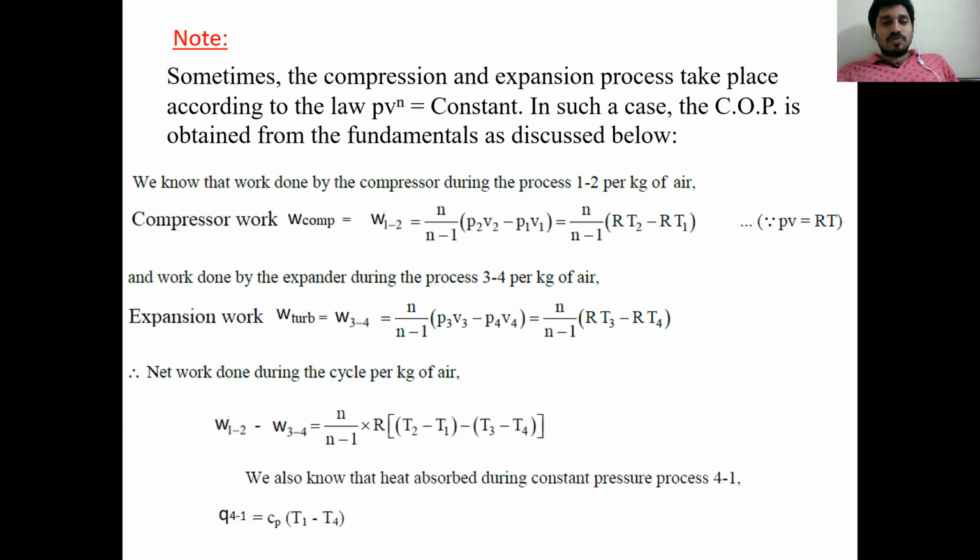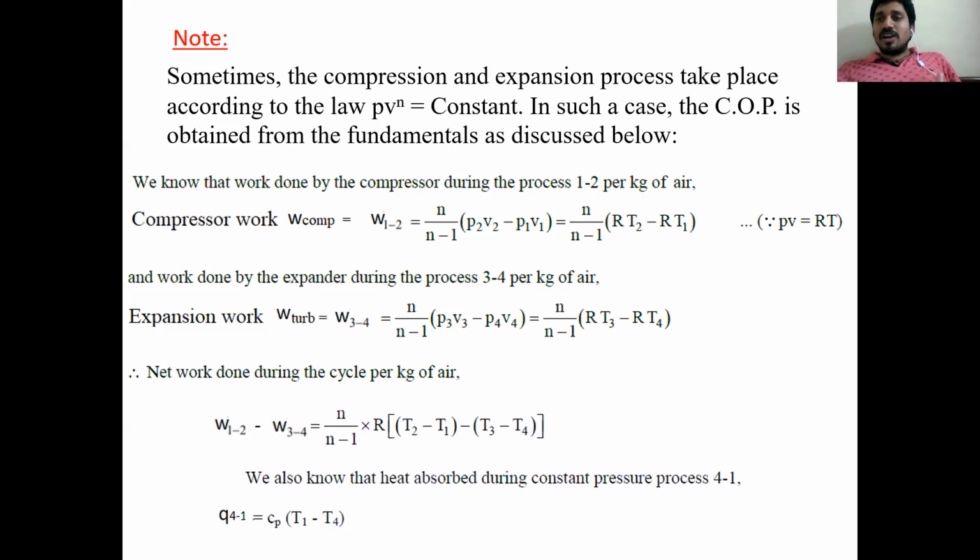written above. And one more equation is required for COP, that is the amount of heat removed from the cooled space, nothing but the refrigerating effect or cooling effect, Q41, which is also per kg, Cp T1 minus T4.